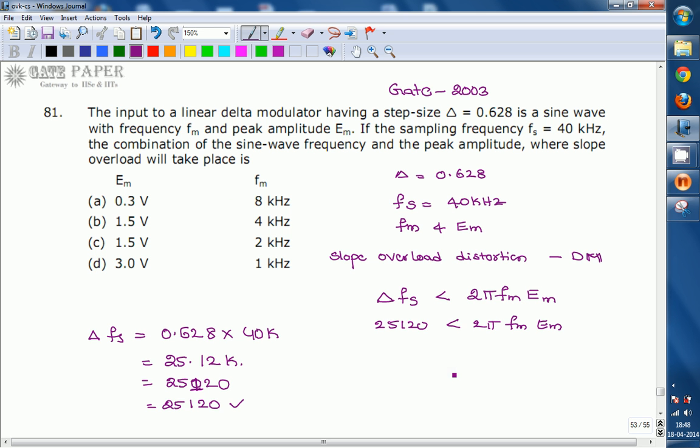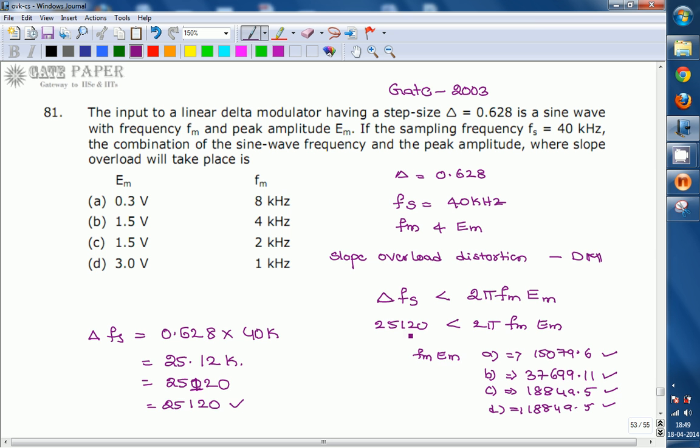For option A the value is 15079.6, for option B 37699.11, for option C 18849.5, and for option D also 18849.5. These are the products for the given options.